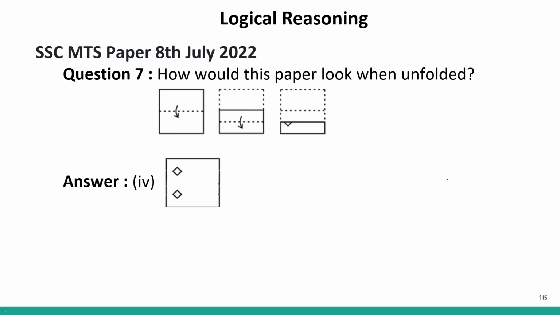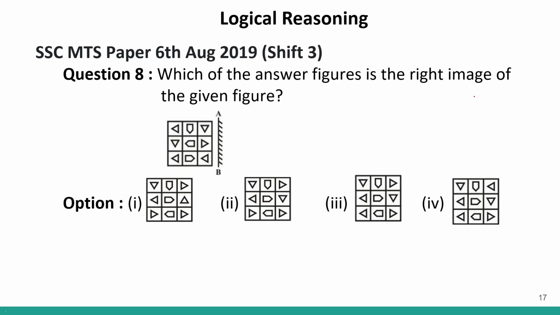Now, question number 8. Again, a mirror figure image question. So here, if I draw I'll get 9 boxes like this, and then each image will be inversed. So this will be like this only, this will be like this only, and the triangle will appear like this.